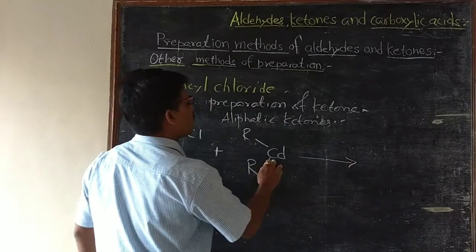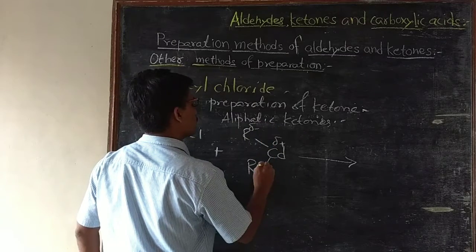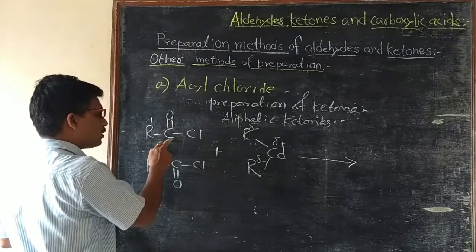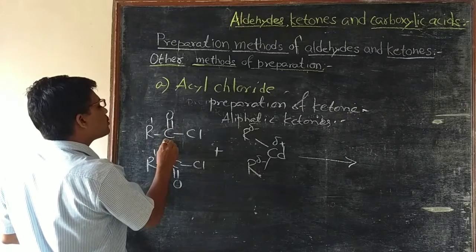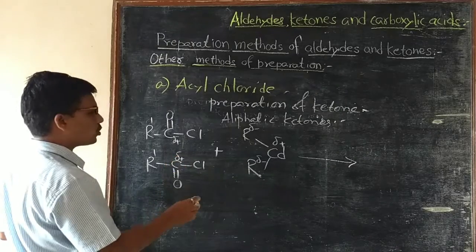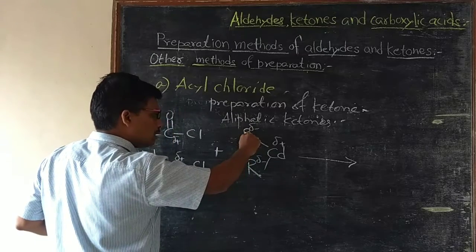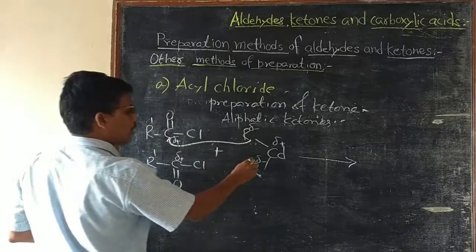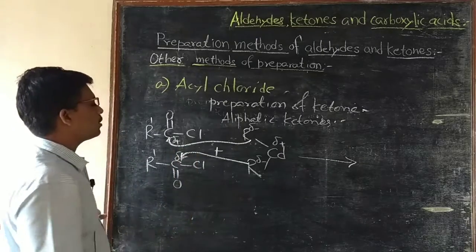In this case, cadmium has partial positive charge and the alkyl group has partial negative charge. This also is an alkyl group with partial negative charge, and in acyl chloride the oxygen is more electronegative, therefore this carbon becomes partial positive. Then the negative part of dialkyl cadmium, that is this alkyl group, approaches this carbonyl carbon.